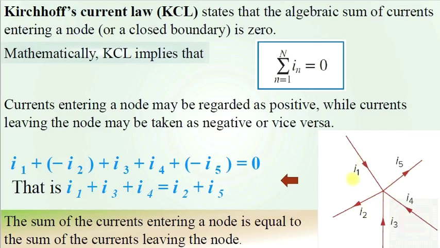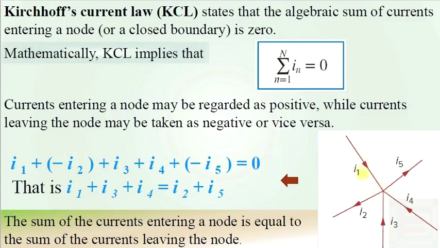If you are assigning a positive sign for the currents entering the node, you have to consider the currents leaving the node as negative, or vice versa. For example, you can take the currents entering the node as negative and the currents flowing out of the node as positive. It's up to you.